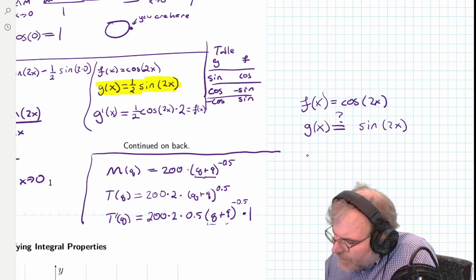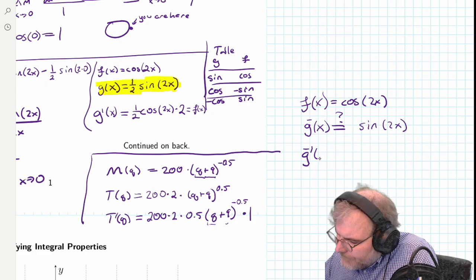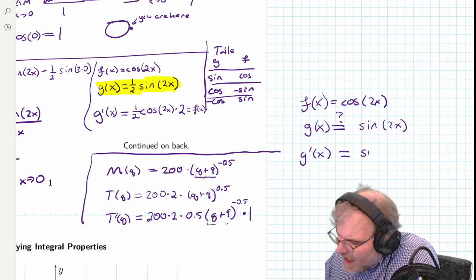But then I took a derivative of this. We'll call this g bar. That looks like a negative 1. Never mind. So then I took the derivative of this. And what did I get? If I take the derivative of this, I wind up with sine of 2x, right?